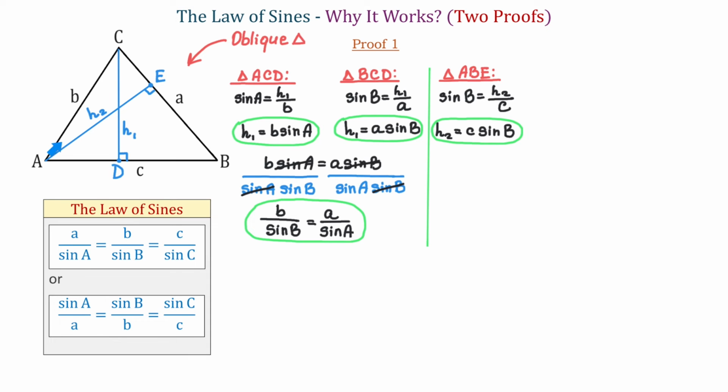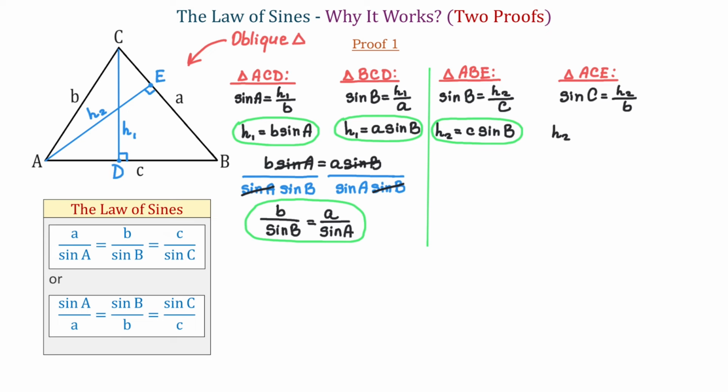Now in the triangle ACE, sine of angle C equals the opposite side h sub 2 divided by hypotenuse b. So again, sine of angle C equals h sub 2 divided by b.